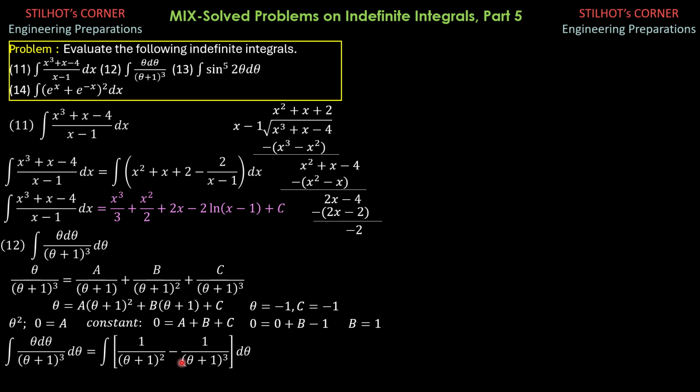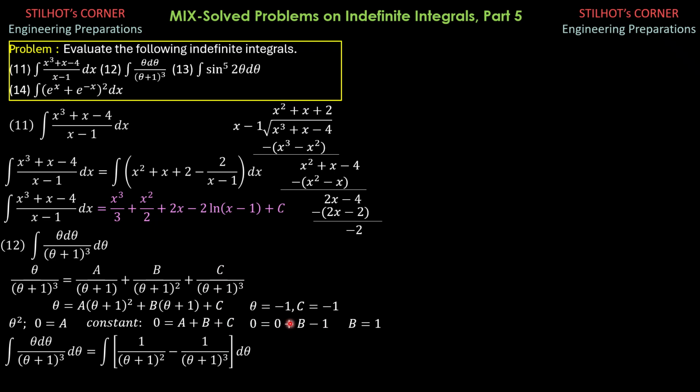So these two terms can be evaluated by power formula. This is rewritten as theta plus 1 to the negative 2. The differential of theta plus 1 is, of course, d theta. So the answer to this is theta plus 1 to the negative 1 over negative 1, then minus theta plus 1 to the negative 2 over negative 2.